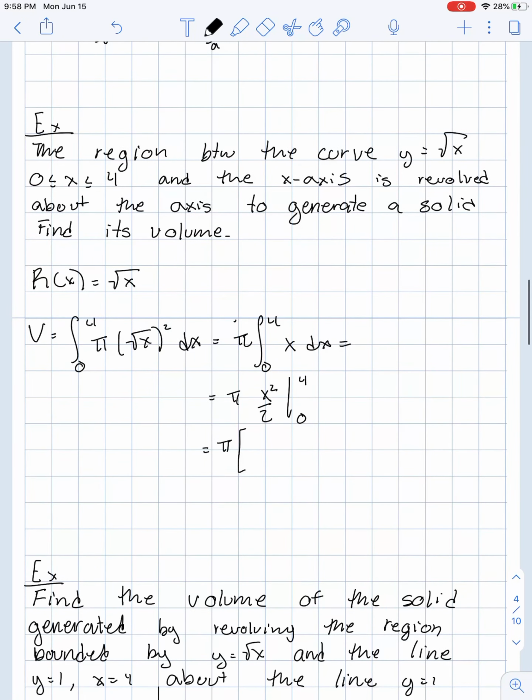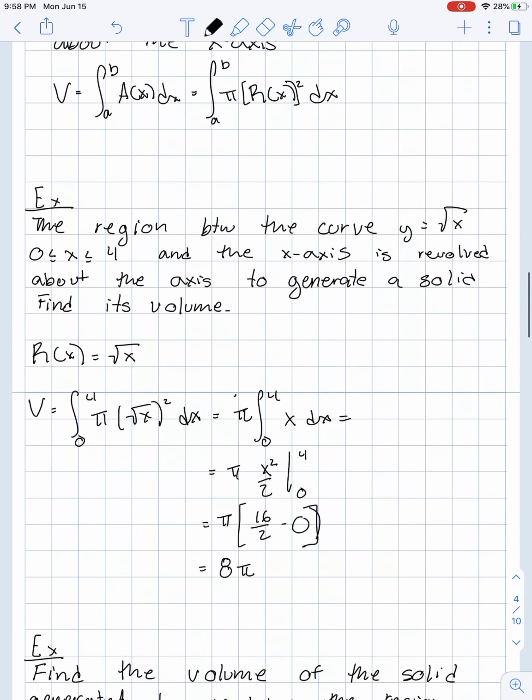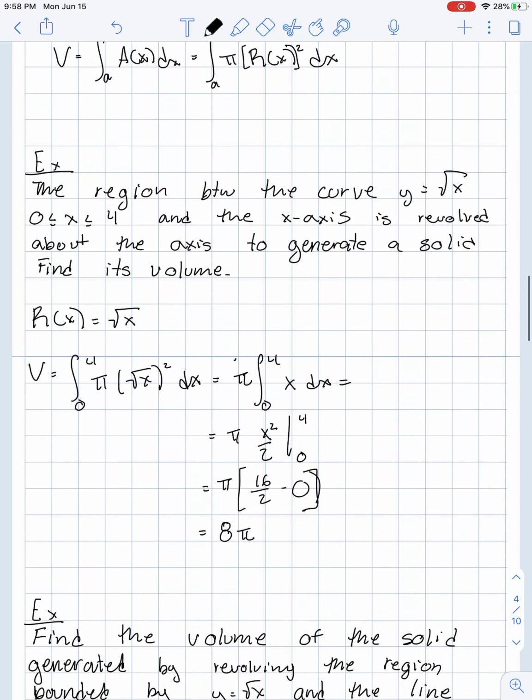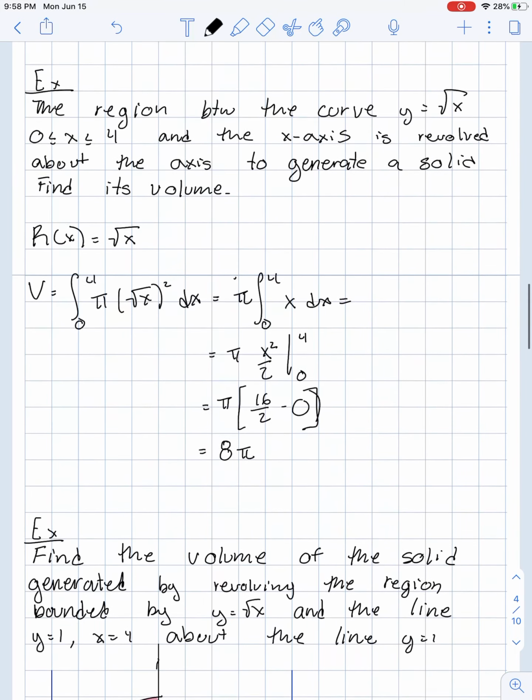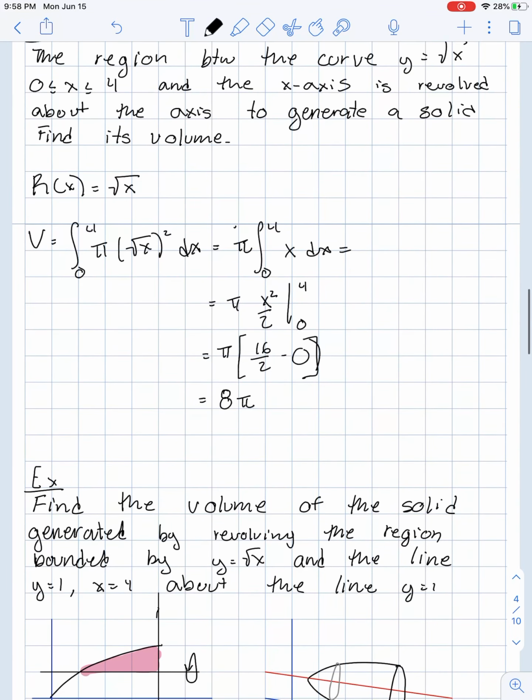So what do I get? 4 squared, which is 16, over 2 minus 0. Let's make those parentheses match. And that simplifies to 8 pi. I don't think I was given any units in that problem, so I don't owe anybody any units back, so we're good. Okay, cool.